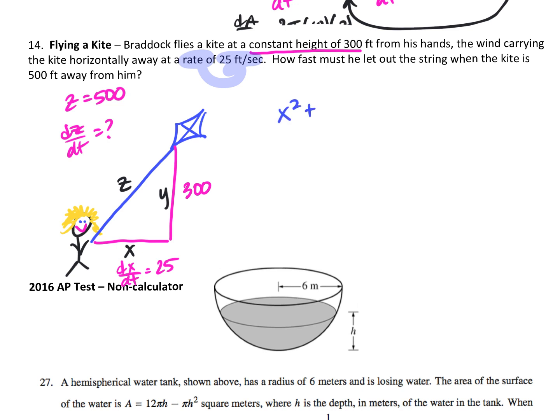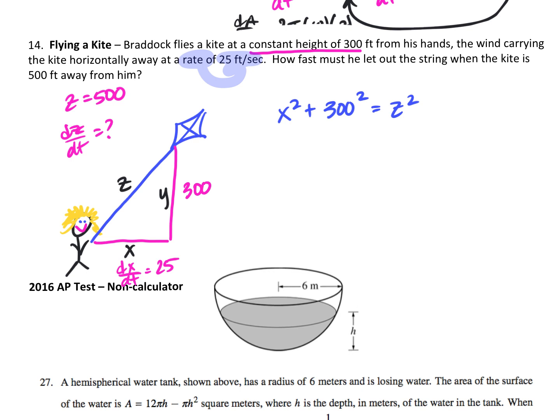Love it. Instead of y squared, do you agree his kite's not moving anything? So I want to put a 300 in there because that is a constant. Am I going to put a 500 in for my z? I'm not, because it's not always 500 feet away. Sound good? Okay, Mr. Dice, will you take the derivative of this with respect to time?